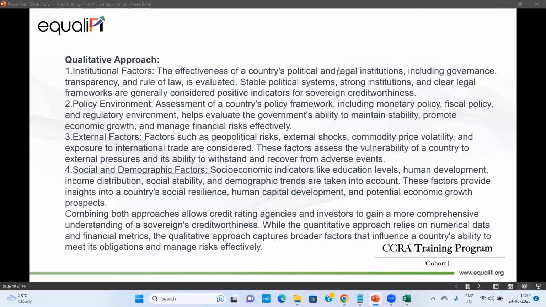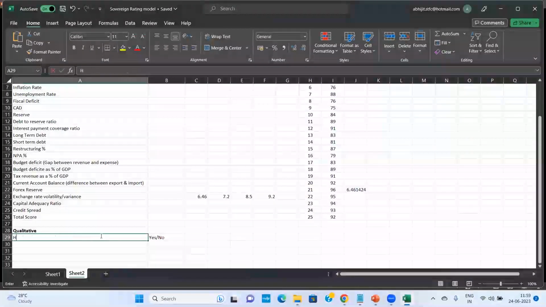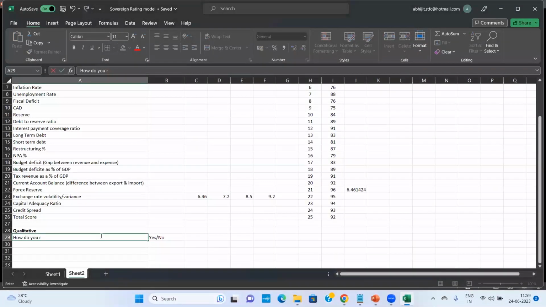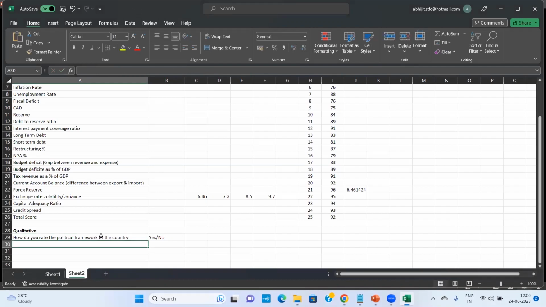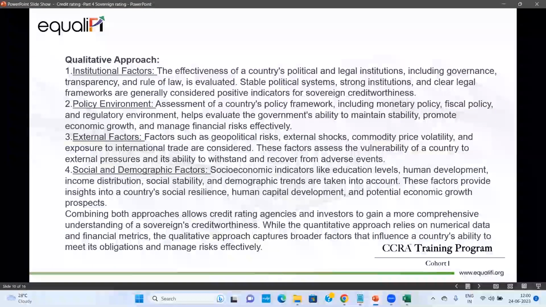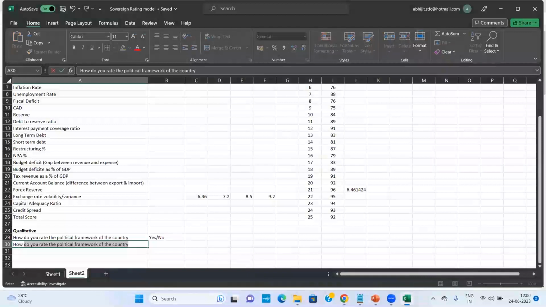The question would be, how do you rate the political framework of the country? This can be one question, right? Similarly, how do you rate the policy formulated by the government?